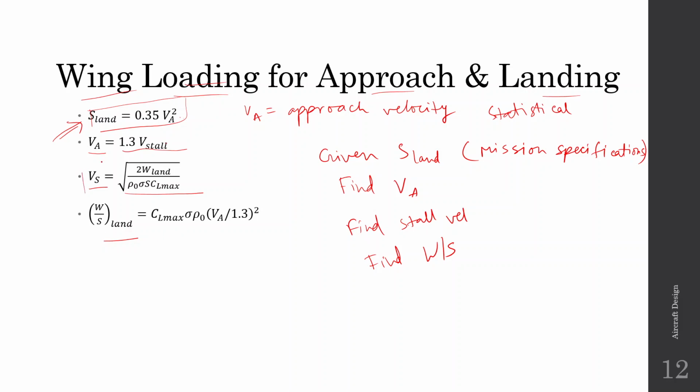You basically take this thing and you invert it, and you will get this. Here you can see the VA by 1.3 is the stall velocity.